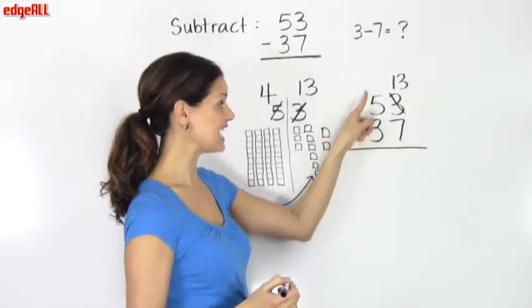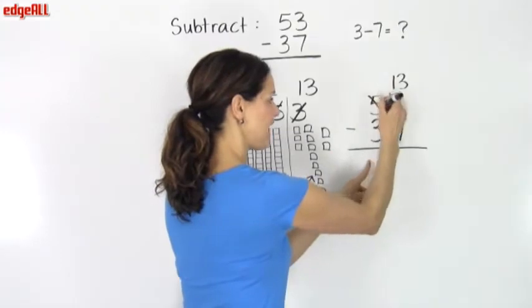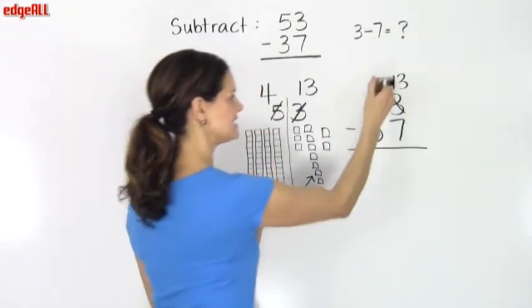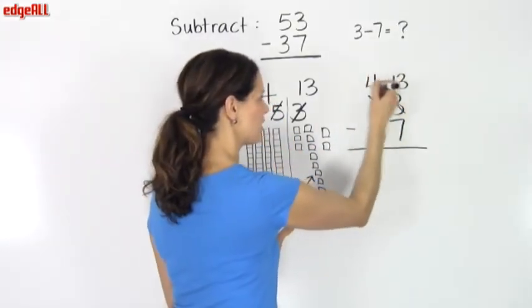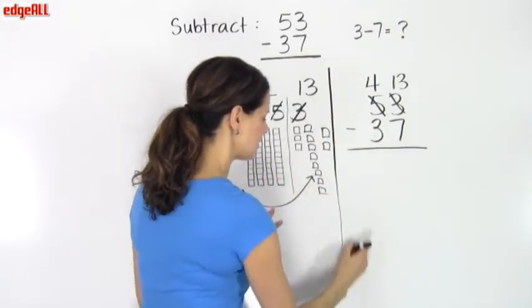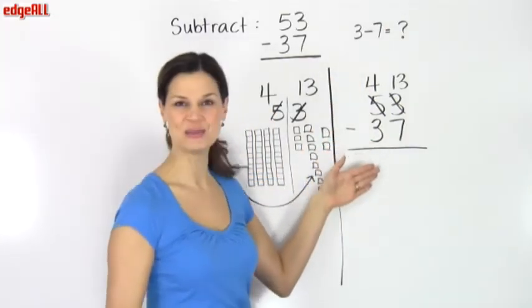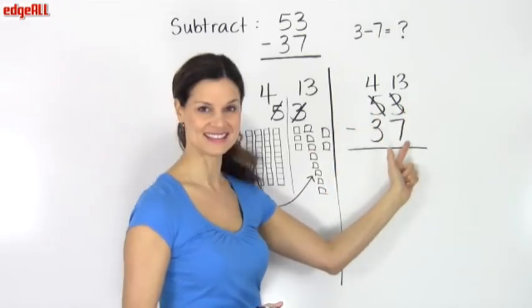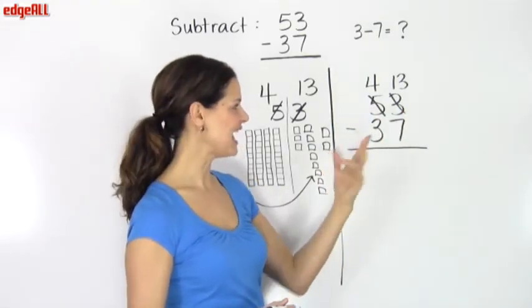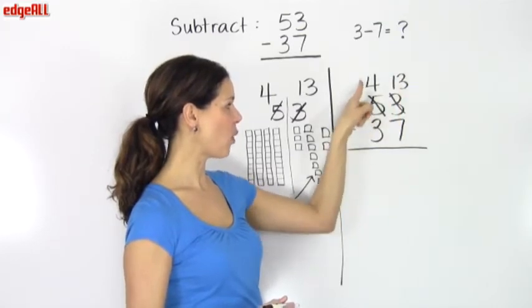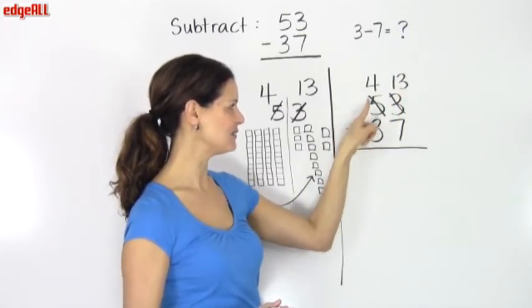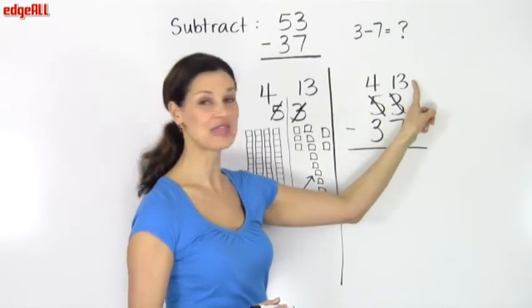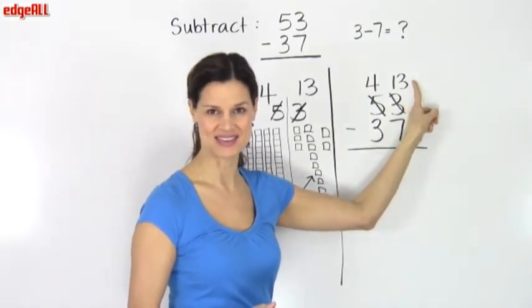And in the tens column, instead of having 5 tens, I now have 4 tens. So this here becomes my new problem. Instead of 53 minus 37, I've rearranged it, and now I've got a 4 instead of a 5 in my tens column, and I have 13 ones to work with now.